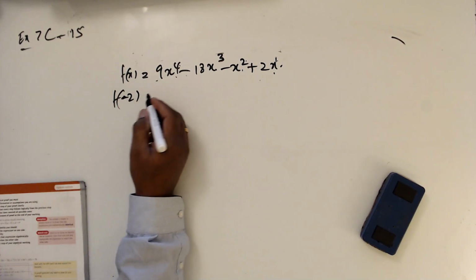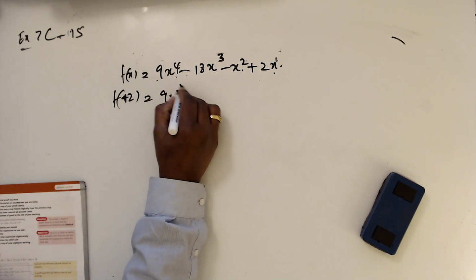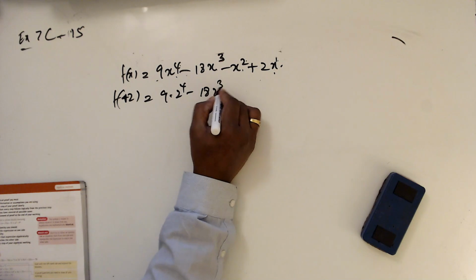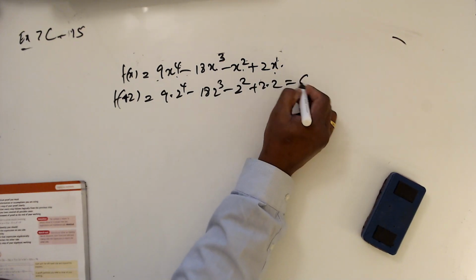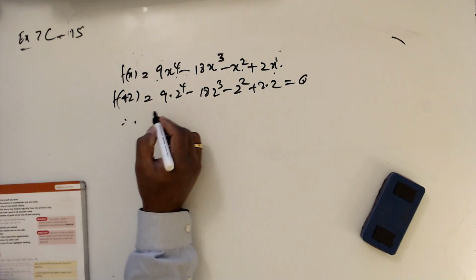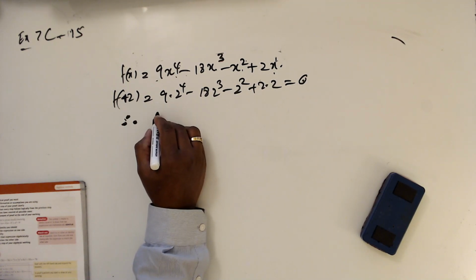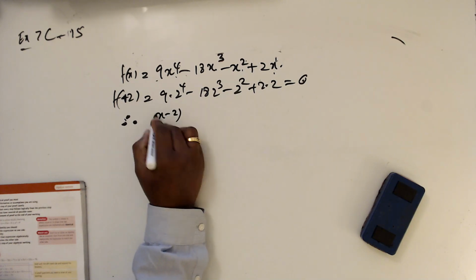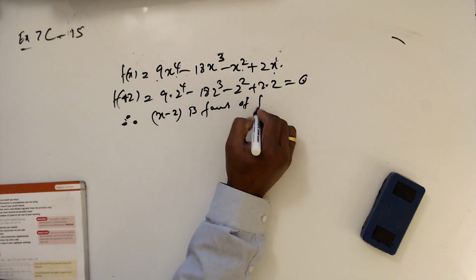Now we'll show that f(2) equals 0 when we put in 9 times 2⁴, 8 times 2³, and 2² plus 2 times 2 equals 0. Hence, x − 2 is a factor of f(x).